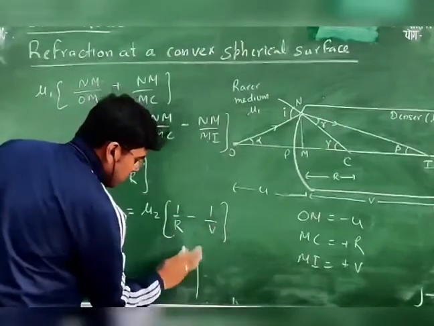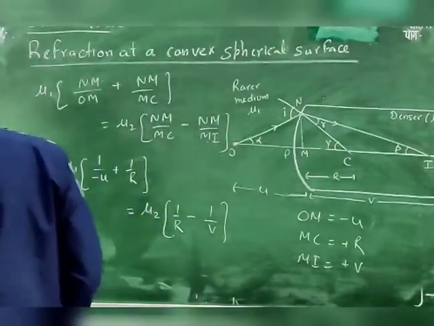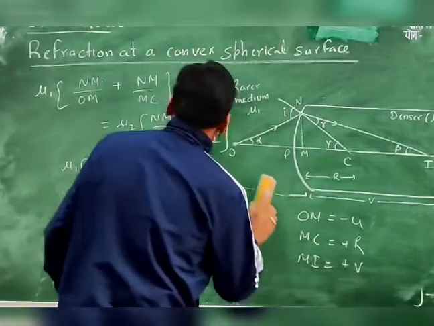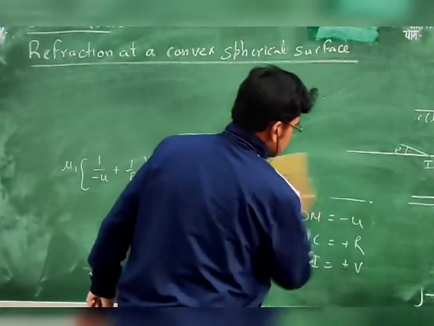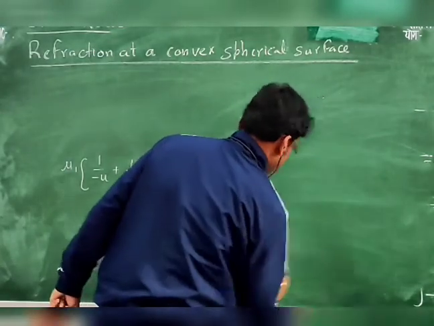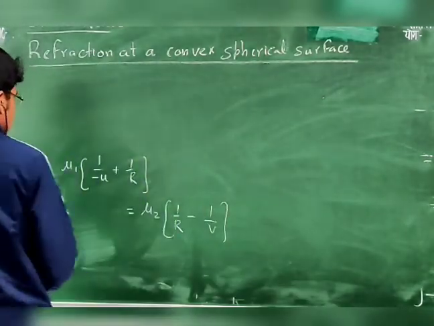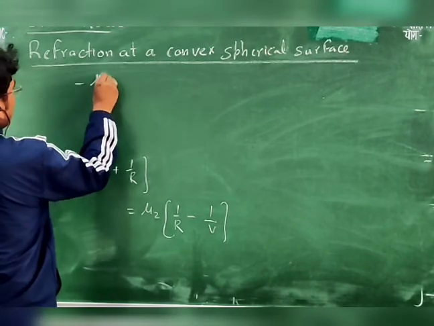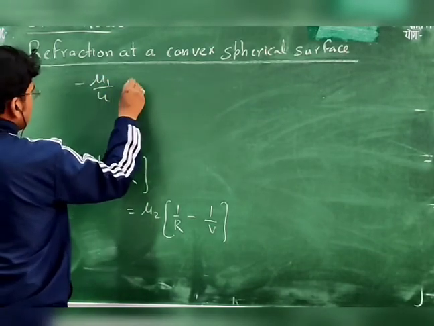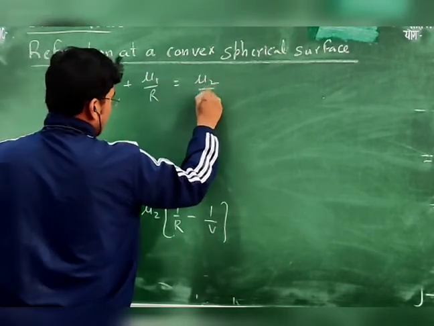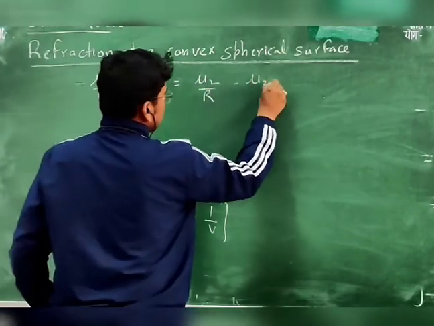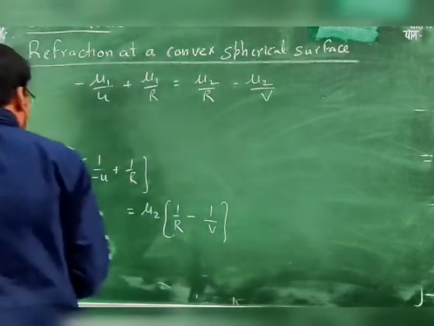V. Now if we rearrange this, we will get minus mu 1 upon U plus mu 1 upon R equal to mu 2 upon R minus mu 2 upon V.